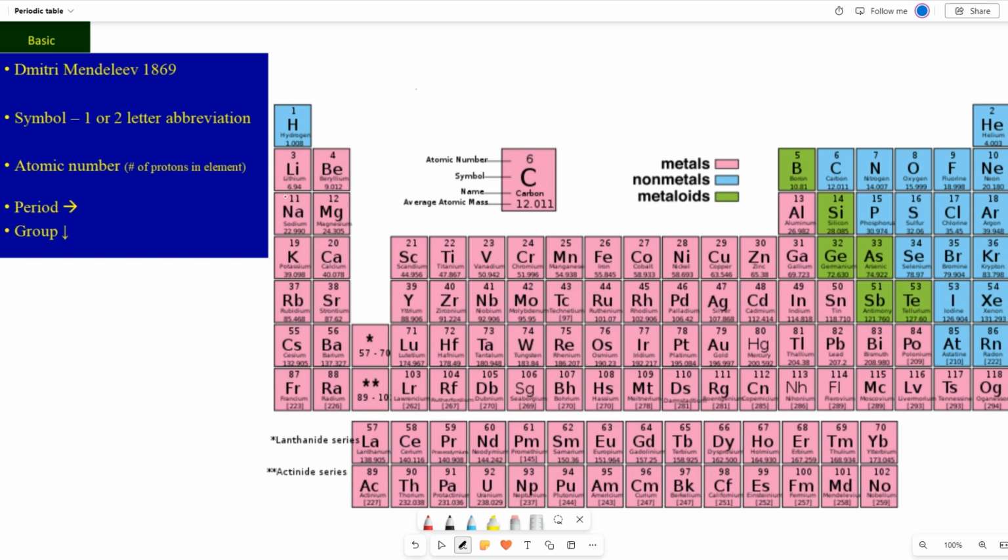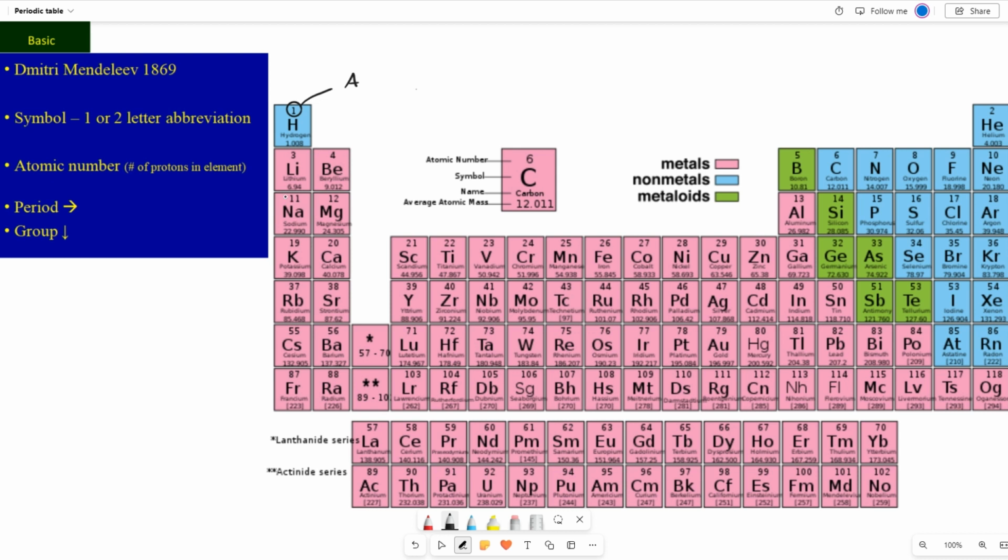And what he was doing was he was organizing the known elements at that time based on their atomic numbers. And the atomic numbers are these small numbers at the top of each element. So if we take a look for hydrogen, its atomic number is 1. And the atomic number is just telling you how many protons an element has.